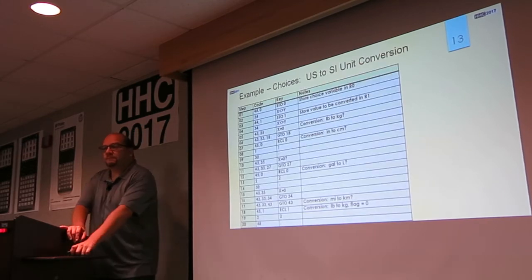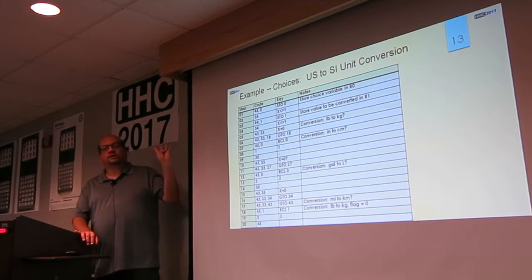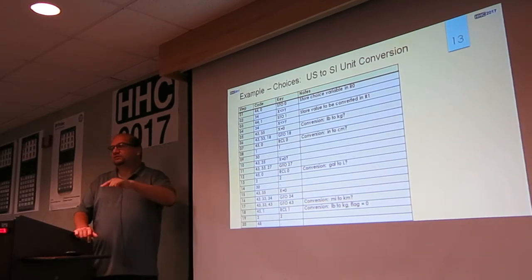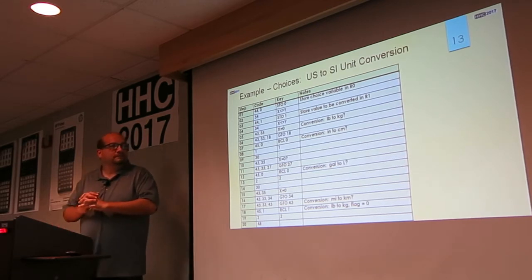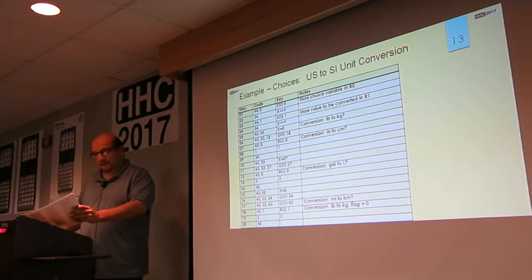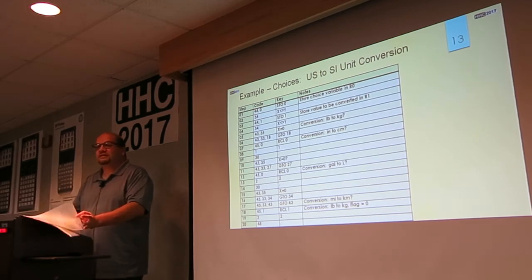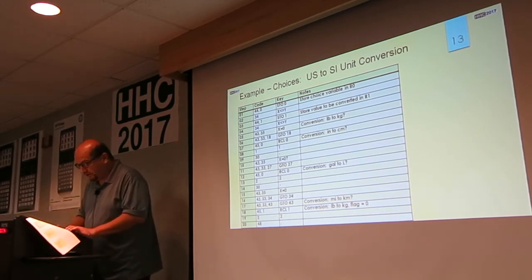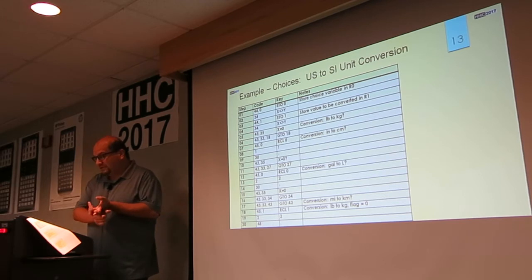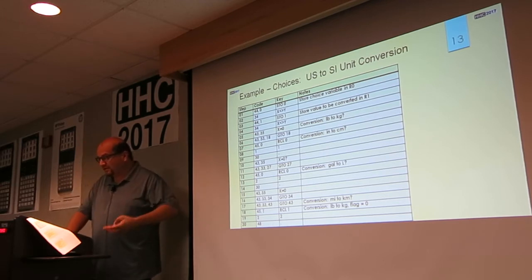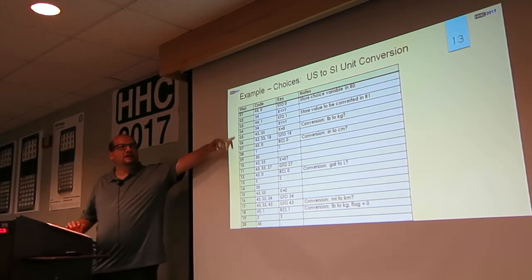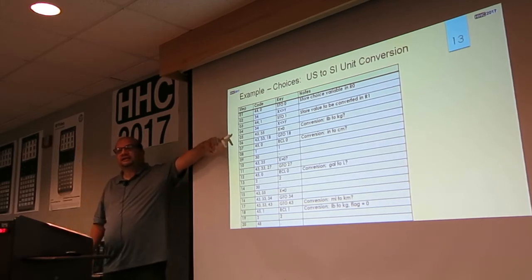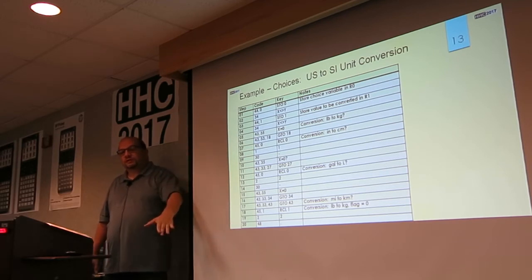So in this example, I have conversions from United States to international units: pounds to kilograms, inches to centimeters, miles to kilometers, and it depends on whatever your choice value is. It will take you to the appropriate section.